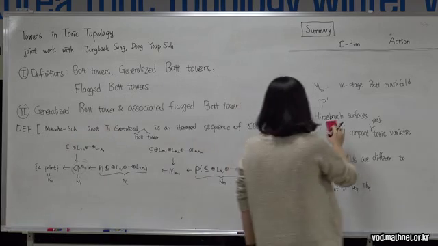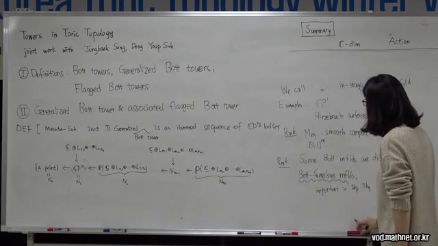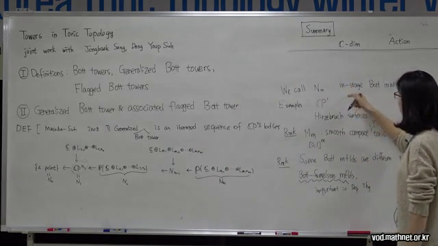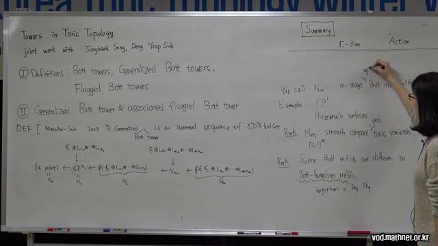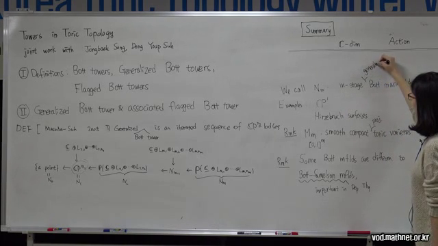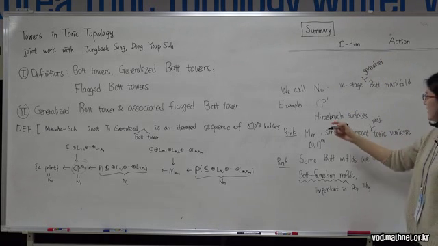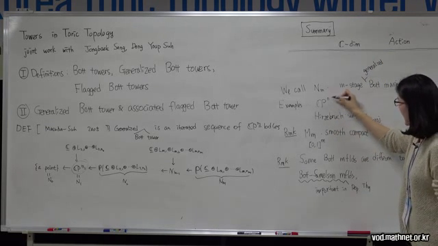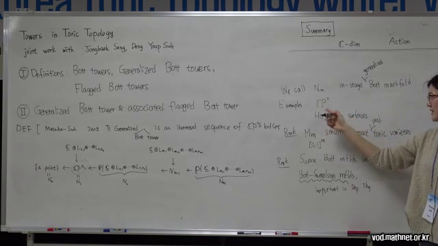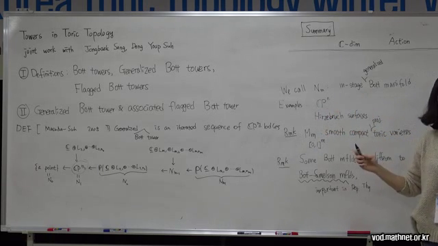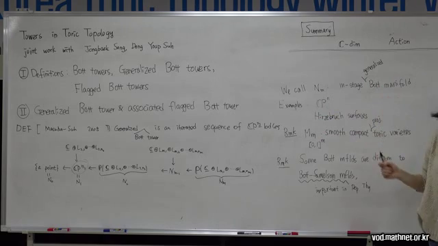So we call N_m an m-stage generalized Bott manifold. As you can see, CP^n's are the trivial examples of generalized Bott manifolds.